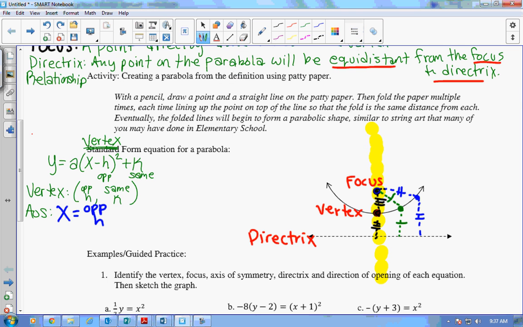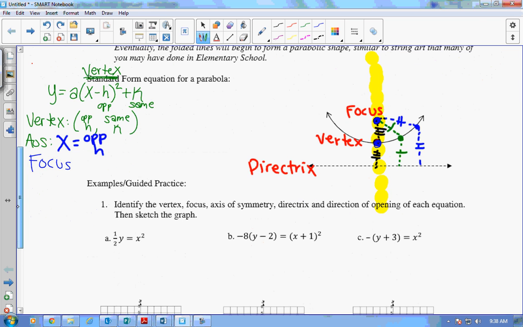Okay, focus also shares the x. Because, if you notice, is my focus on the axis of symmetry? Yeah, and it's lined up with the vertex. They're all on the same vertical line. So the focus also shares the x.